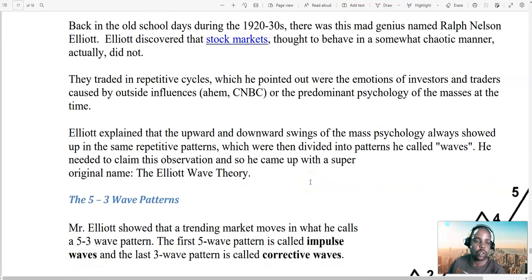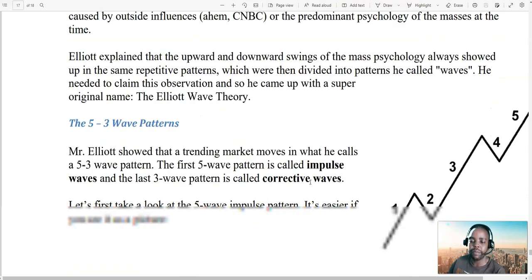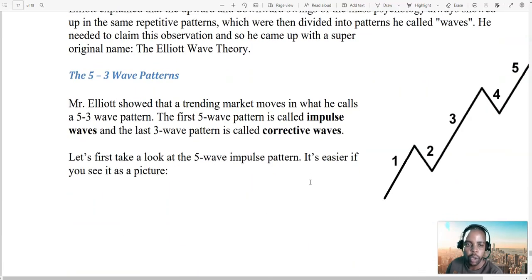Elliott explained that the upward and downward swing of the mass psychology always showed up in the same repetitive patterns, which were then divided into patterns he called waves. These are the waves that he speaks of. It's divided into two: there's an upward wave, it explains here.